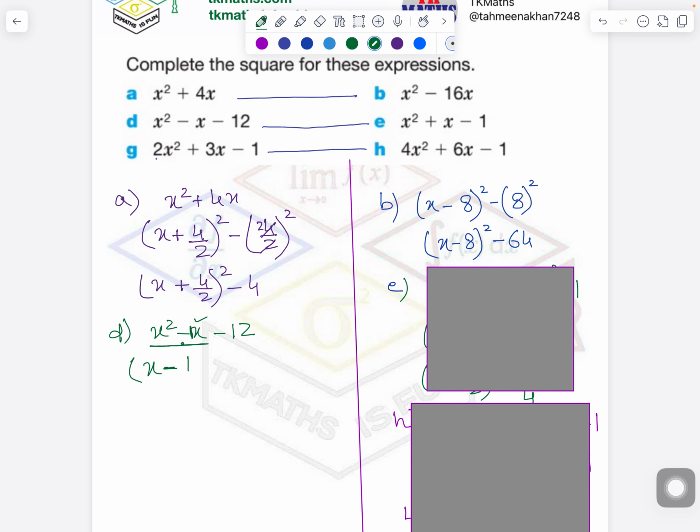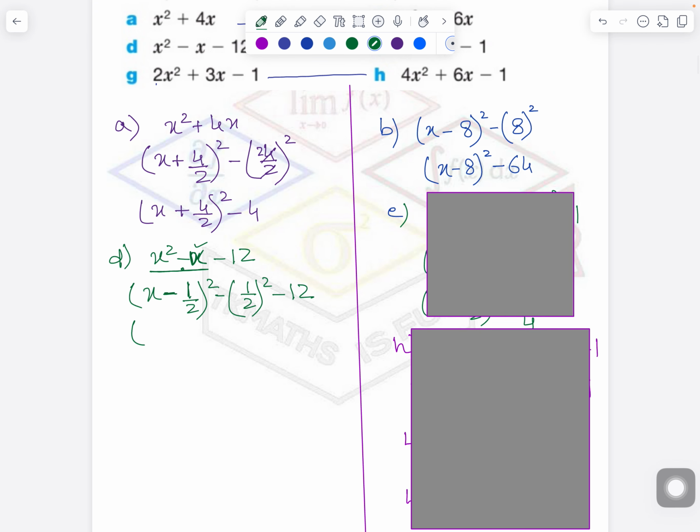You see there is no coefficient, it means it is 1 here. So 1 divided by 2 squared, you will square and subtract the same term, and minus 12. So it will become (x - 1/2) squared minus 1 over 4 minus 12. You can pick up the calculator and simplify it.